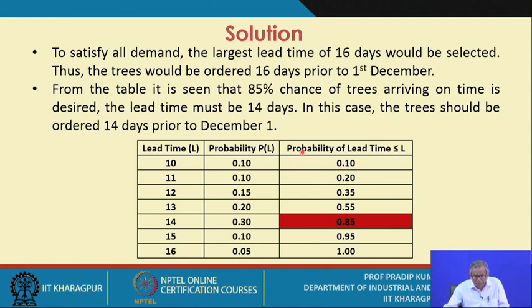That means we have just added one more column over here, probability of lead time less than or equal to L. So, if the probability for 10 days lead time is 0.10, this will be 0.1, against 11 it will be 0.20. So, this way you calculate. So, when it is 14 days lead time, the probability of lead time less than or equal to L will be 0.85. So, this is the solution.